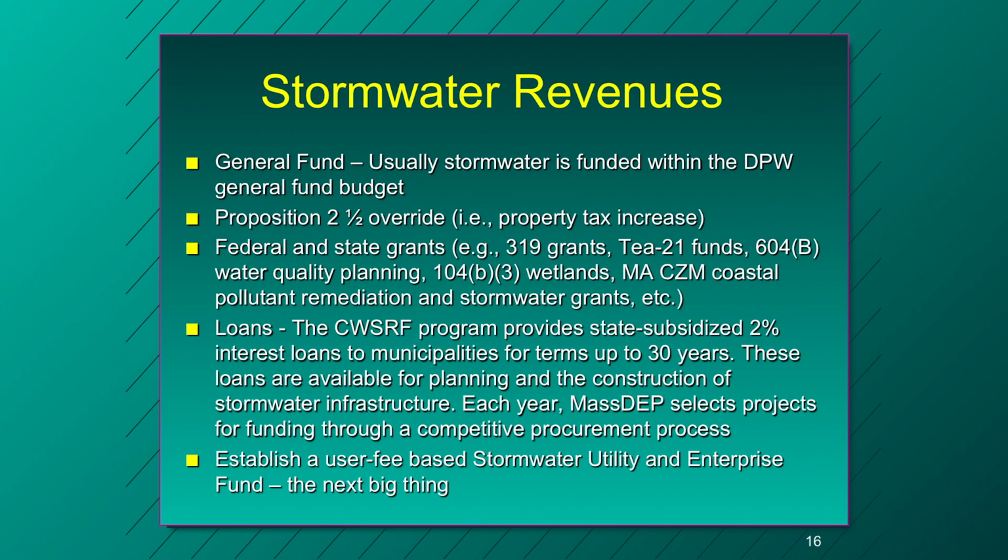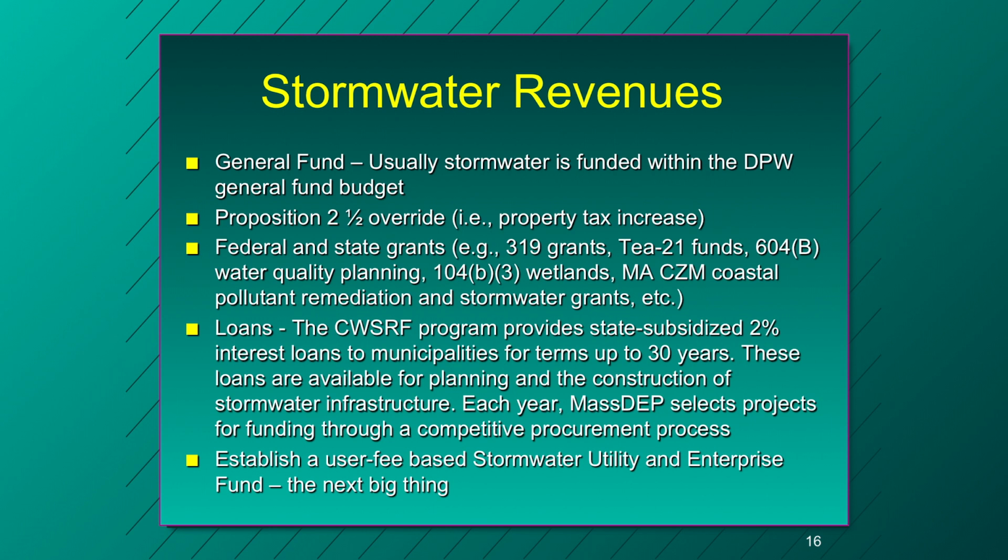So now you need to start thinking about stormwater revenues. The general fund: usually stormwater is funded within the Department of Public Works general fund budget, which is mostly supported by tax levy. And I would think right now in Massachusetts, most stormwater is being funded in most communities through the general fund.